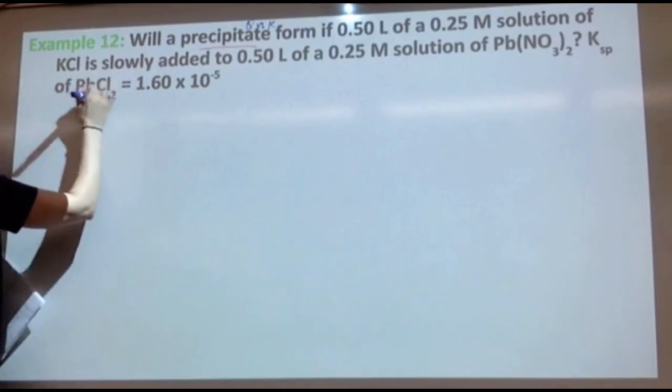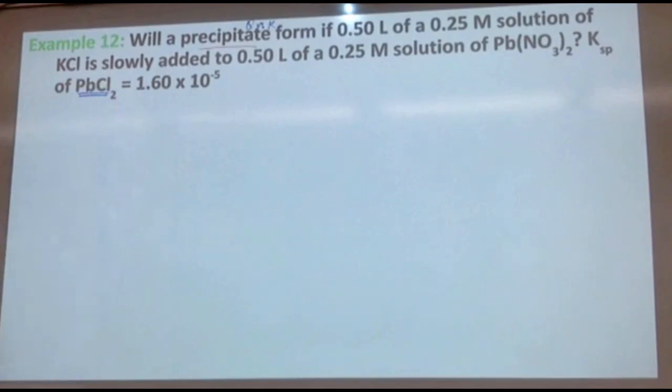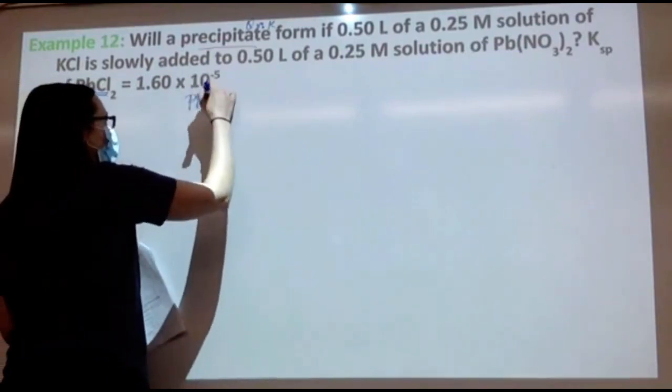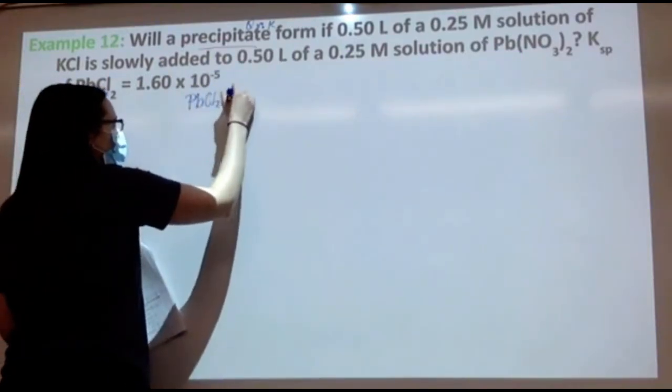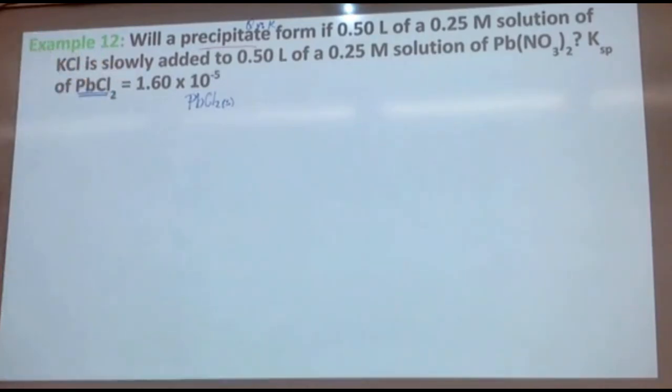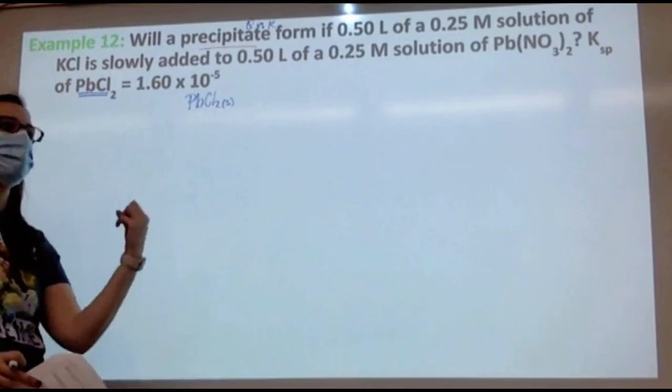Here is the solid that we are focused on. So the solid that we are focused on here is PbCl2. The information that they gave us up here is telling us that we are mixing KCl and Pb(NO3)2. We are creating a precipitation reaction.